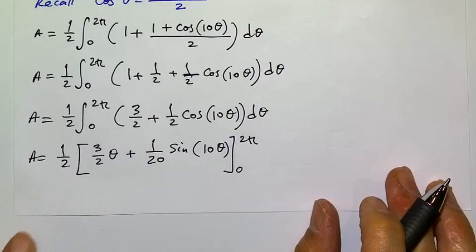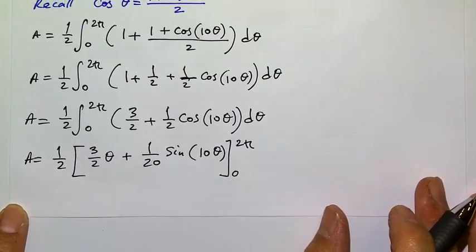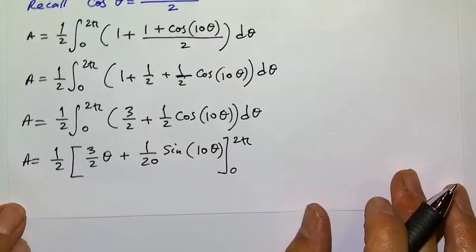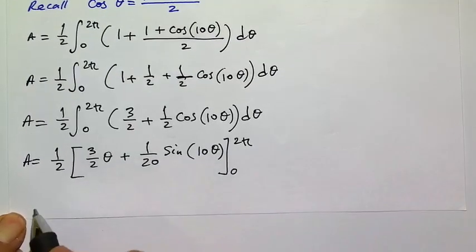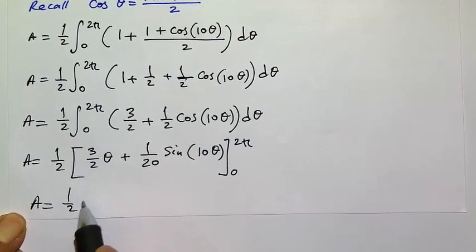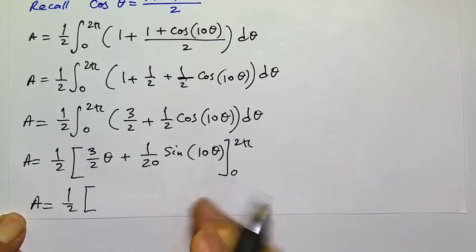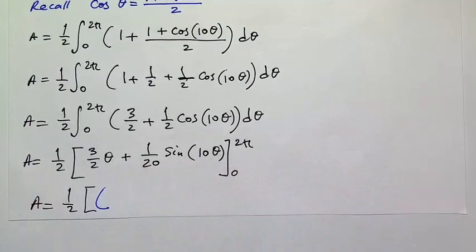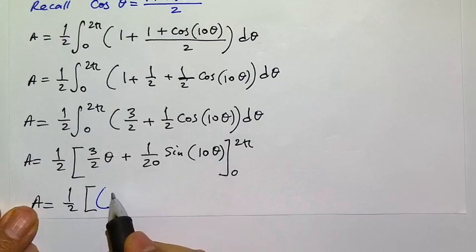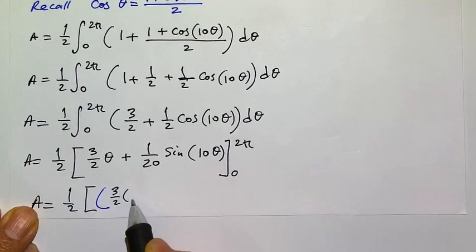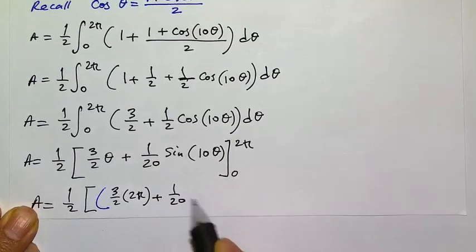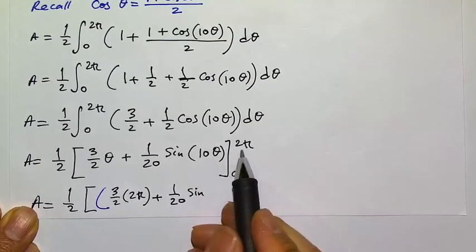Okay, so I think I have enough room to finish this on paper. That's what I predicted based on my notes. So let us substitute the inside. For 2 pi, we have 3/2 times 2 pi plus 1/20 times sine 10 times 2 pi.